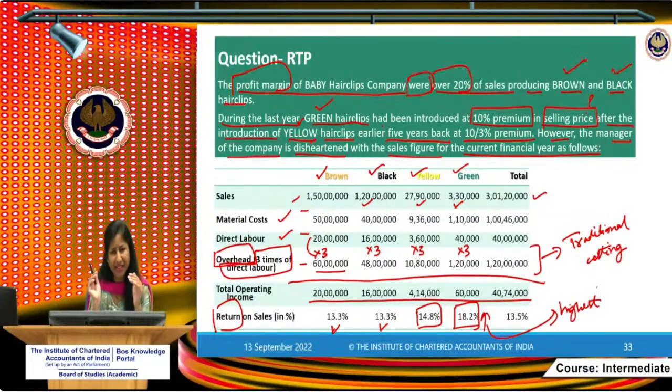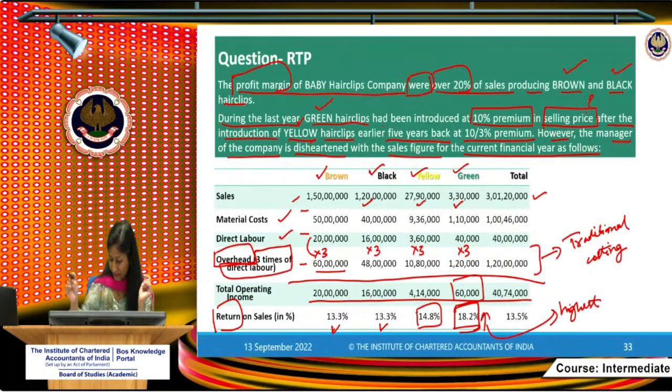Do you really think this highest return on sales is actually the major profit-earning department or section of the company? No. Though it has the highest return, in actual the profit is 60,000 only. Got it? That is the major difference between the actual return and the return percentage.